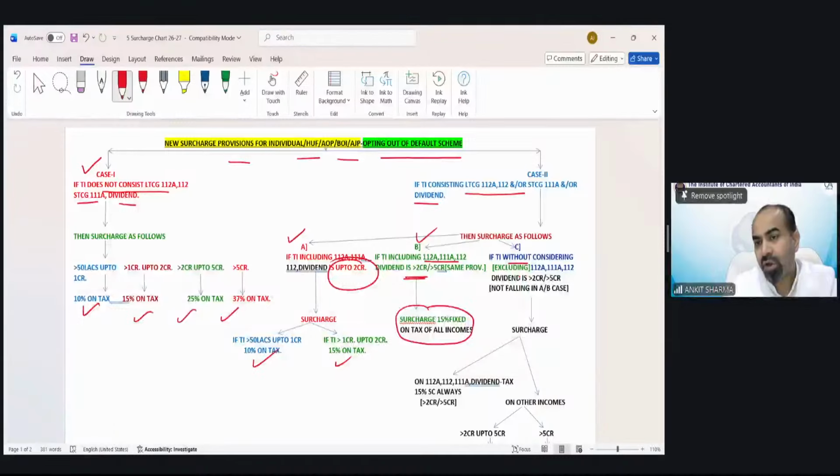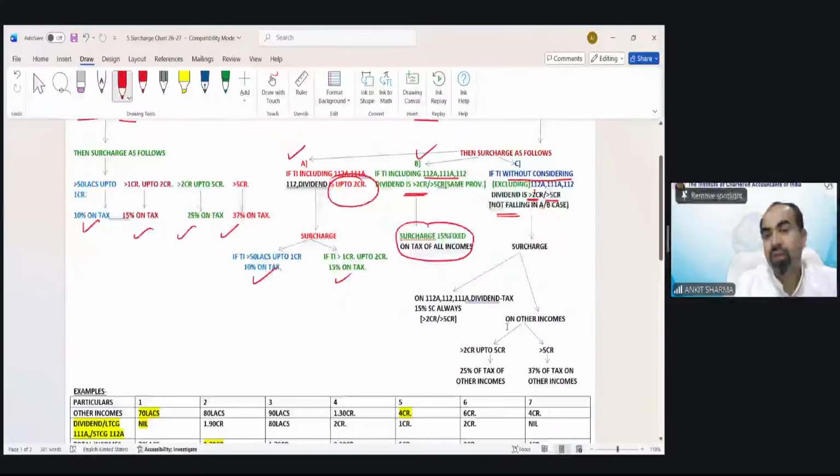If total income without considering or after excluding these incomes is more than 2 CR or 5 CR, that means those cases do not fall in category A or B. In this case, on special income, the rate of surcharge would remain 15% fixed.